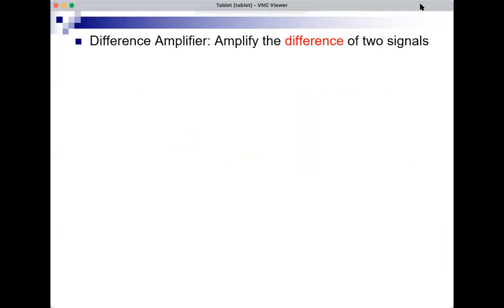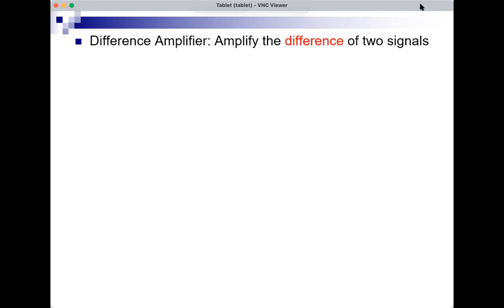Okay, now let's try to design a difference amplifier. I want to come up with a circuit that gives me the difference of two signals and that would amplify it. You may think that the op-amp already does that. It amplifies the difference between two signals.